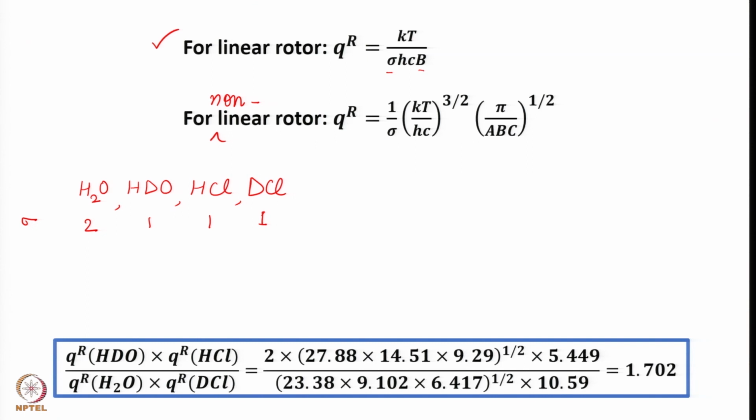So when you take the ratios of the rotational contributions to the partition function, what will remain? See, k will cancel, T will cancel, h will cancel, c will cancel. Only the rotational constants and the symmetry number will remain. And by using these two equations and these two ratios, when you substitute, what remains is the symmetry number of water, which is 2, others are all 1, 1, 1, 1.